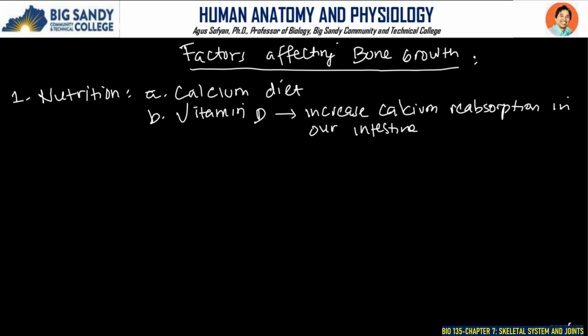So if we eat food that has a lot of calcium, then we also need vitamin D in order to increase the reabsorption of the calcium that we eat into our blood, and finally it will be delivered into the bone. So again, calcium will make bones become harder and also grow taller.